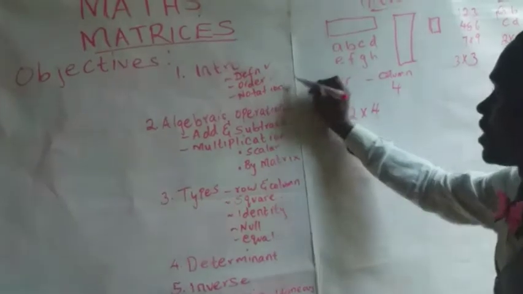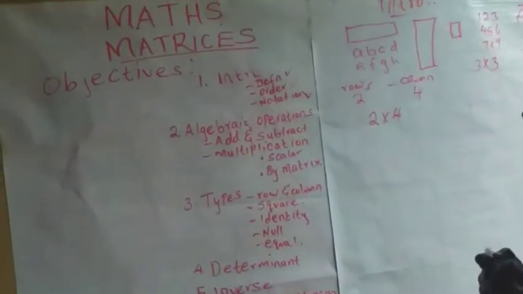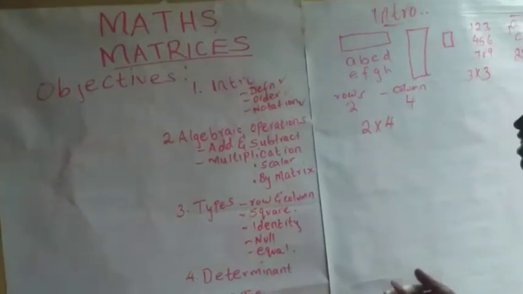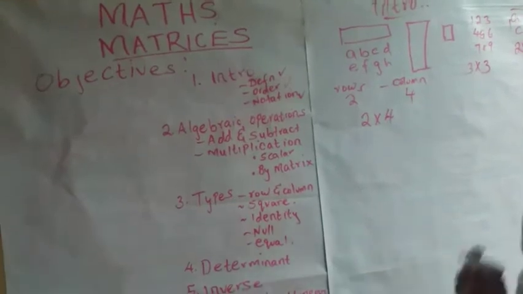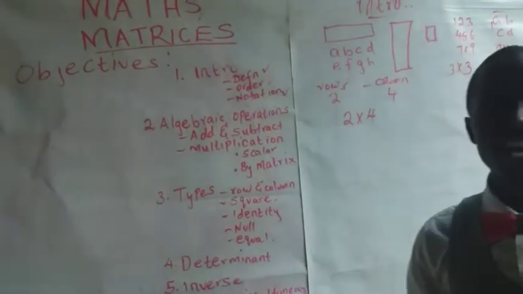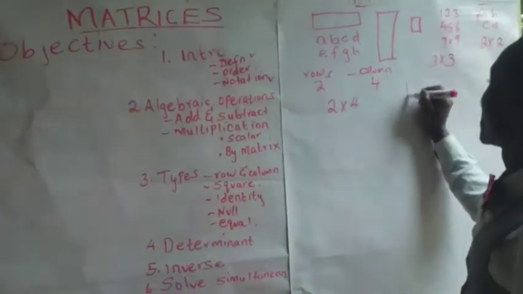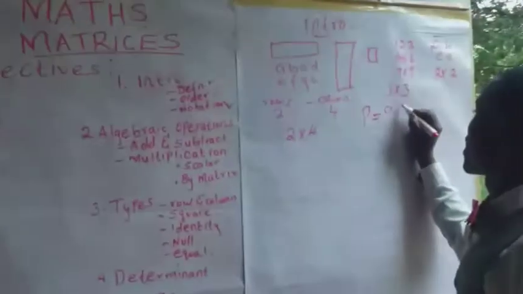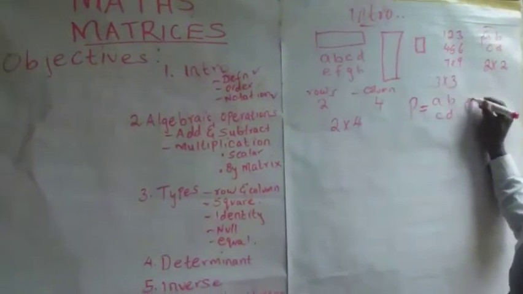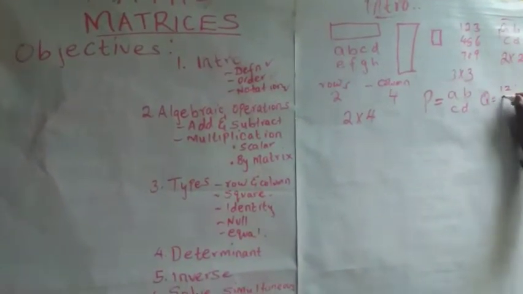So lastly, we can go to the notation in the introduction, how we denote a matrix. A matrix can be denoted very easily. It's simply denoted by a capital letter. So if I tell you, give me matrix P, you just give me matrix P, which is A, B, C, D, or matrix Q, which is 1, 2, 3, 4.